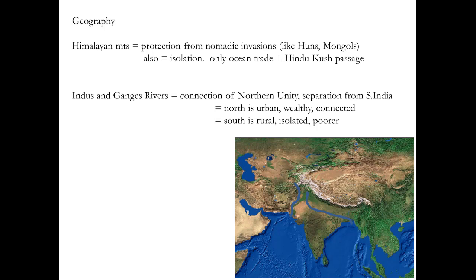And so what this does is separate the two. And we're going to talk about this again and again and again. There is no geographically easy way to unite the subcontinent. And so the north is urban and wealthy and connected. The south, on the other hand, is rural and isolated and poorer.